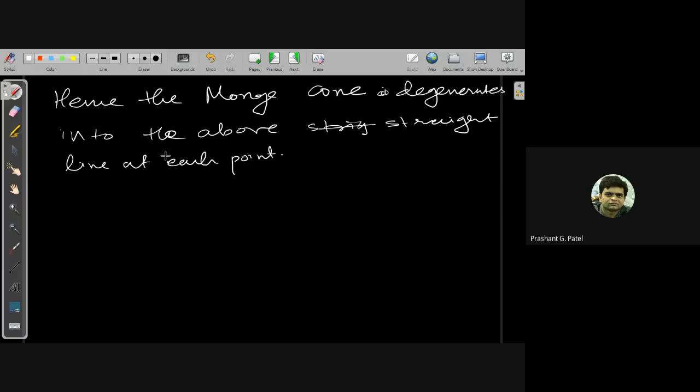Now let us find out the equation of the characteristic curve. Our objective is to find the equation of the characteristic curve.